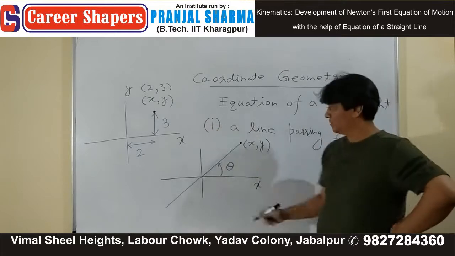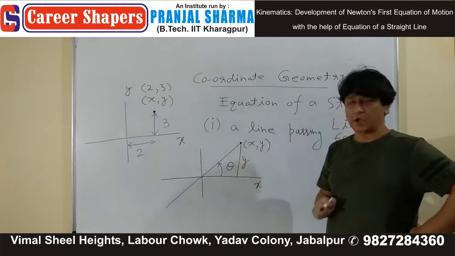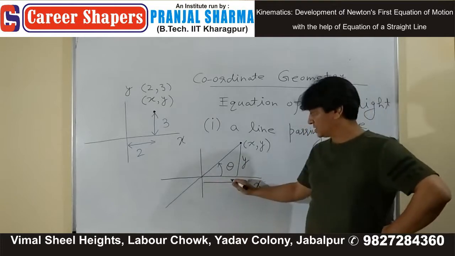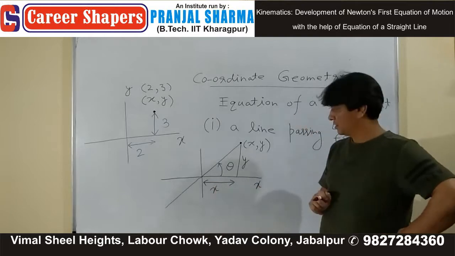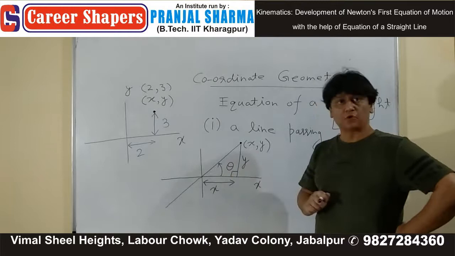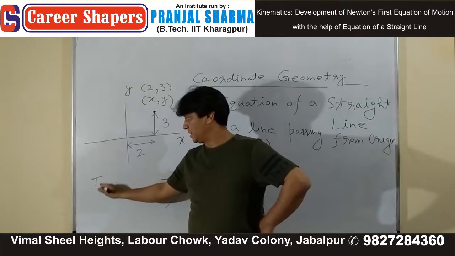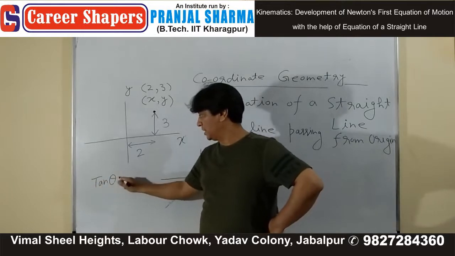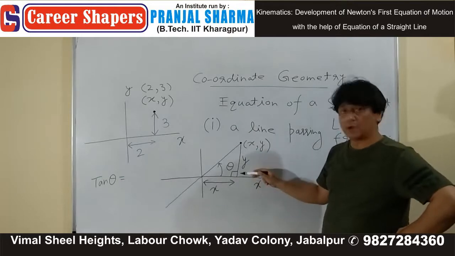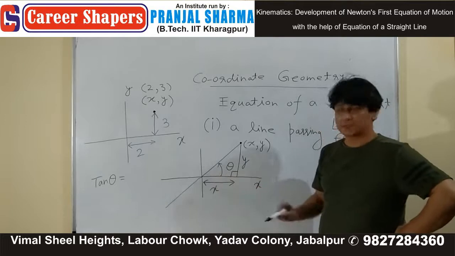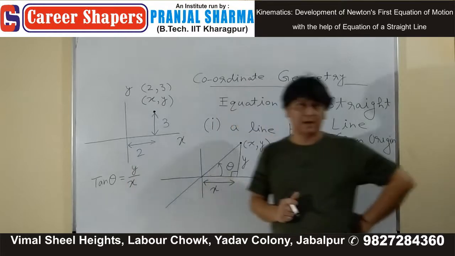From this you know the height is nothing but the y coordinate, and this base is your x coordinate. It's a right angle triangle. In this right angle triangle, if I need tan of theta, then what is tan of theta? Perpendicular y, base x. We'll write this as y upon x.